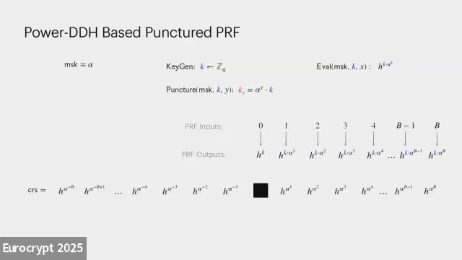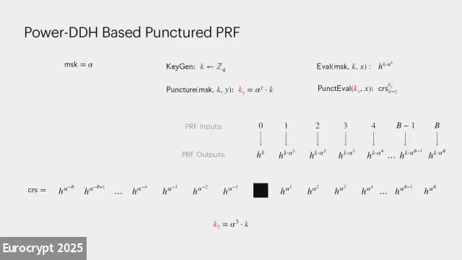To puncture the key, what we do is we shift the key multiplicatively by a factor of alpha times y, where y is the punctured point. And to evaluate the punctured key, because there is a shift, we have to unshift in the CRS and then exponentiate. So let me just demonstrate this visually. For an example, let's consider we want to puncture at the third point.